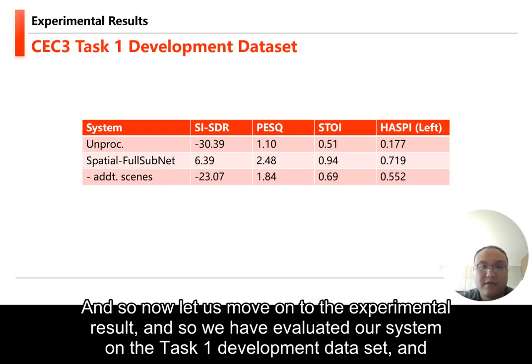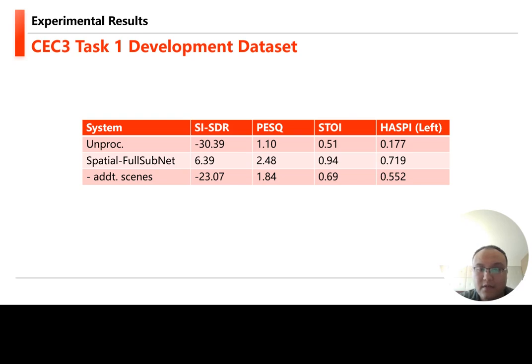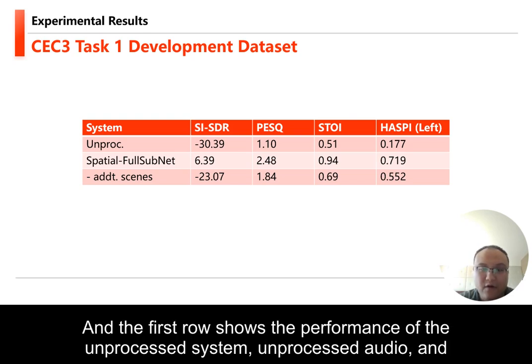Now let us move on to the experimental results. We evaluated our system on the task 1 development dataset. We compared the proposed system using four metrics: SDR, PESQ, STOI, and HASPI score.